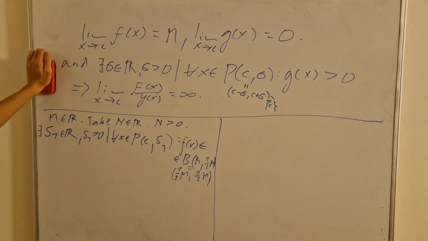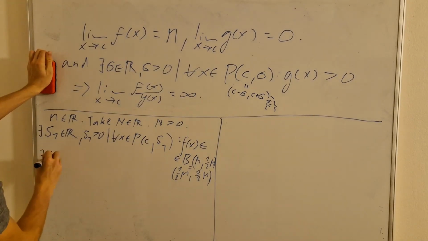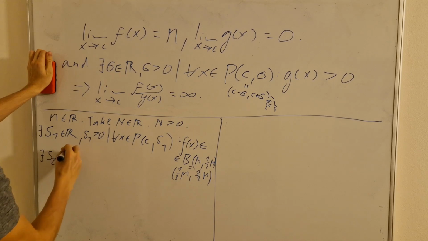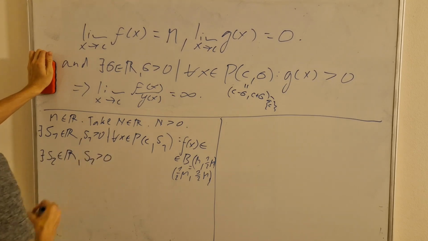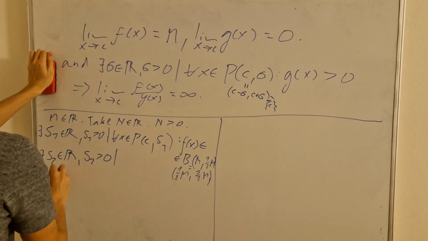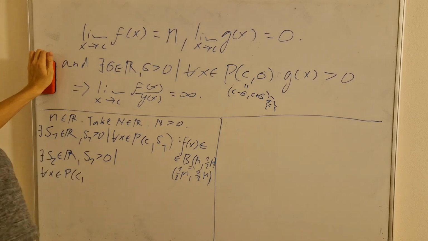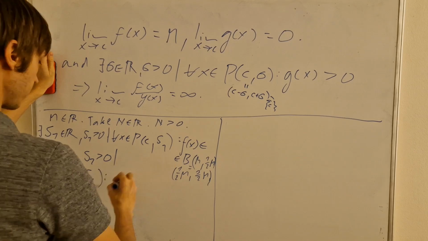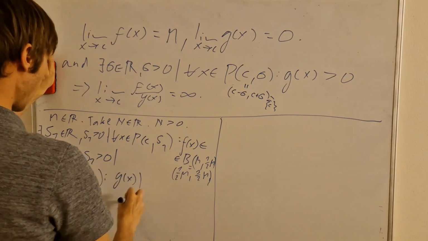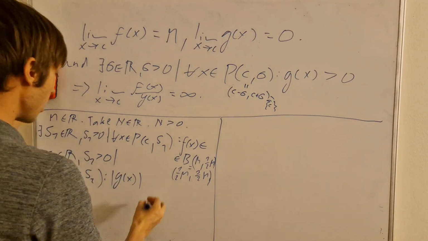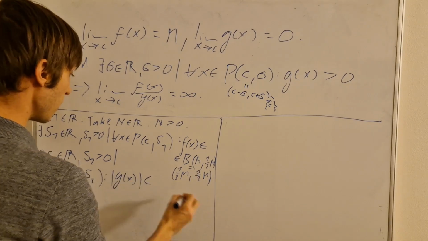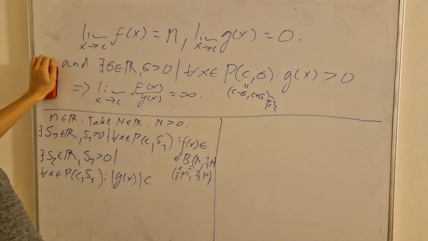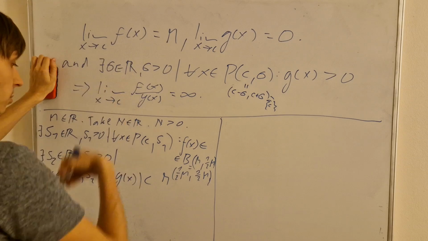So there exists such a delta, and also there can exist such a delta 2 in reals, delta 2 higher than 0, such that for every x in the neighborhood of c surrounded by delta 2, the absolute value of g of x is actually smaller than, and now let's play with a lot of things at the same time, the m that we had from the beginning.